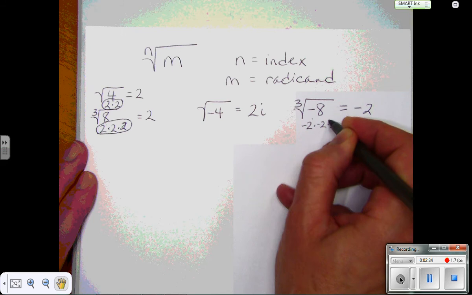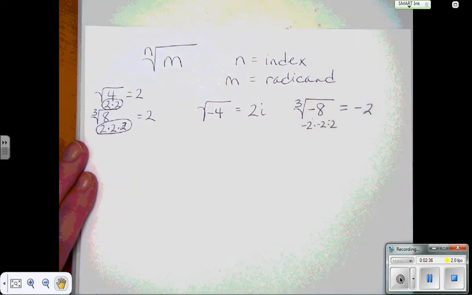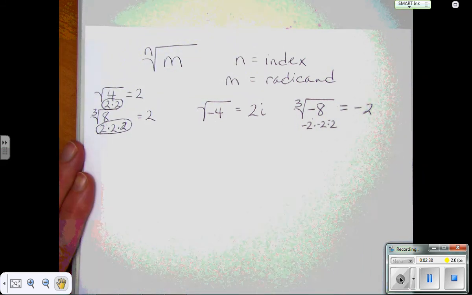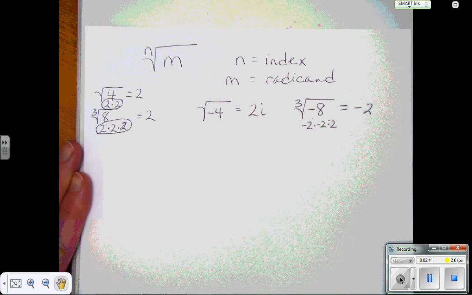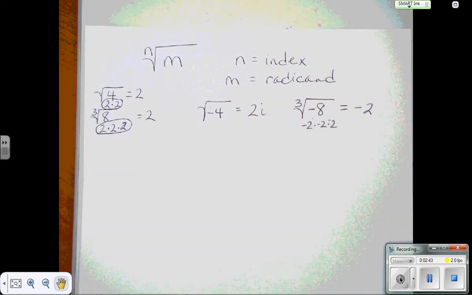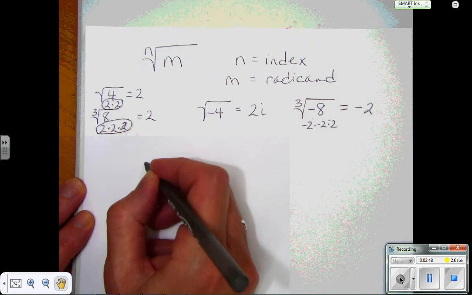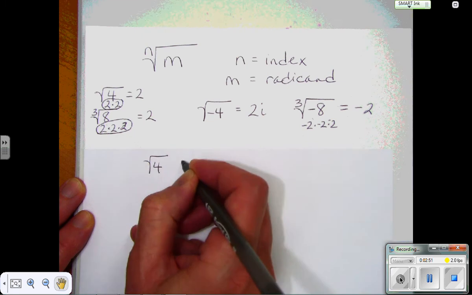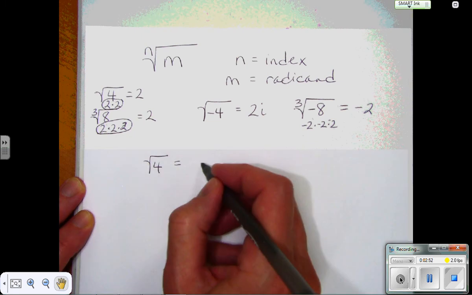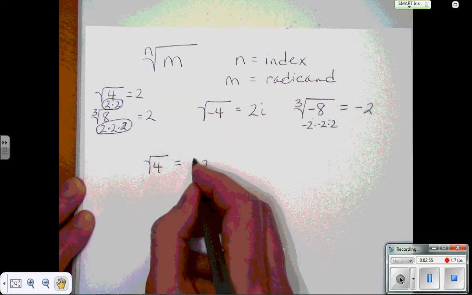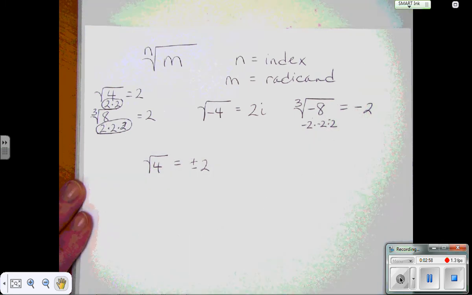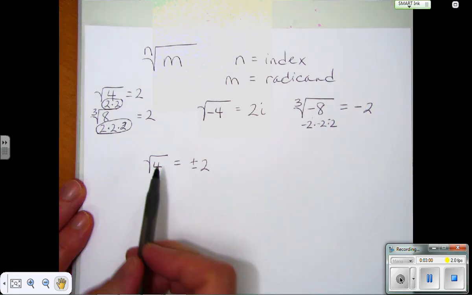That equals -8. So with your even roots, you will have either a positive or a negative value for your answer. So if I say, take the square root of 4, well, that's 2, but I know that the 2 could be positive or negative because negative times negative makes that number inside there positive.